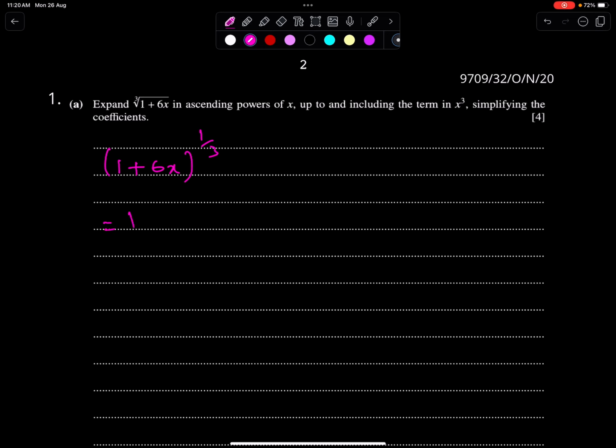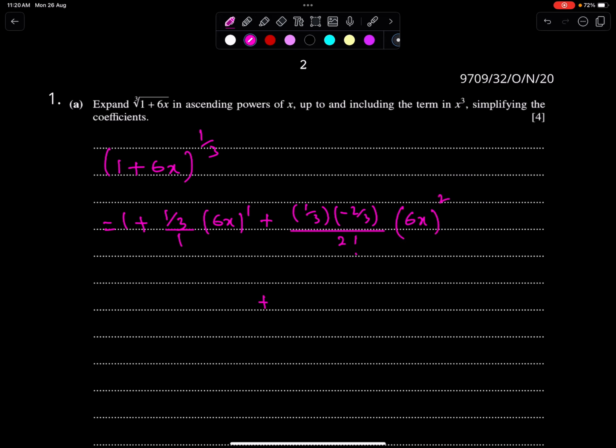So 1 plus n upon 1 factorial, second term power 1. Then n minus 1, 1 upon 3 minus 1 is minus 2 upon 3 upon 2 factorial, second term to the power 2.